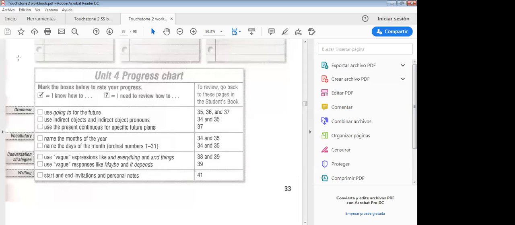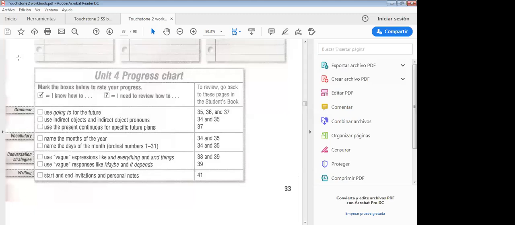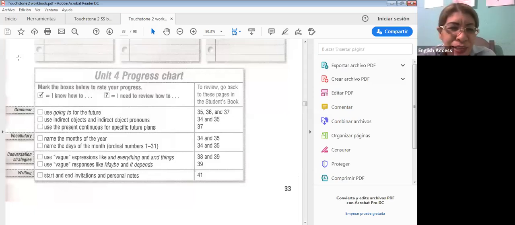My cousin, on Thursday, she's going to get a diploma. Yes, we have an indirect object. Correct. And then we have use the present continuous for specific future plans.